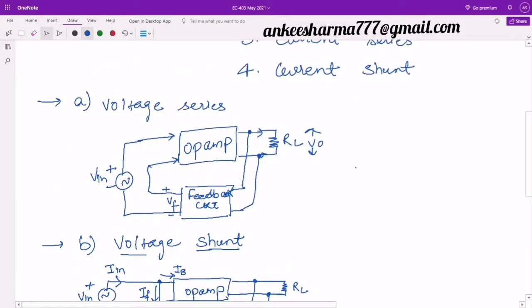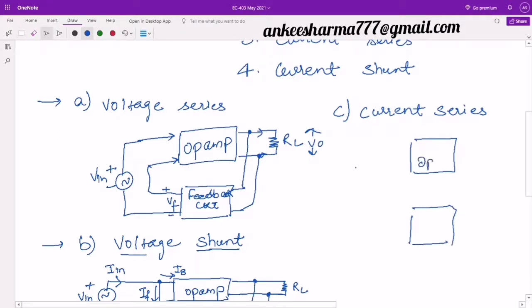Similarly, if I take the case of the third one, that is current series. In current series, again I will draw my operational amplifier here, op amp, and this is the feedback circuit. Now look here, if I draw my output, this is my load resistor.